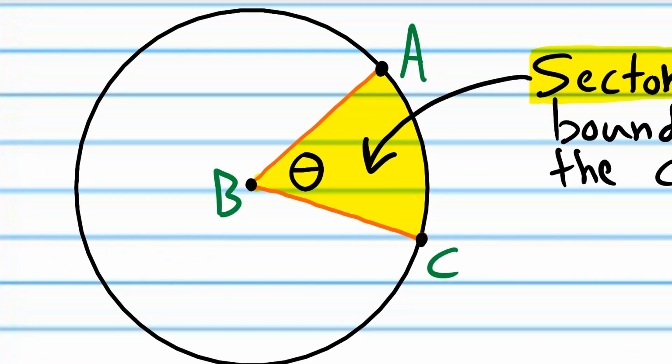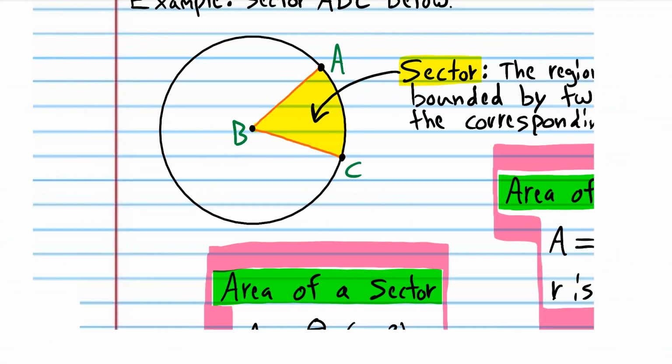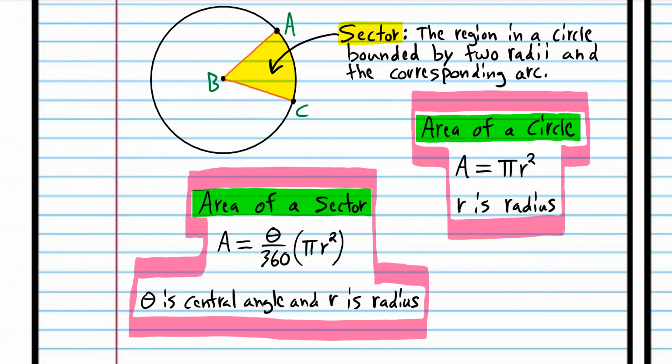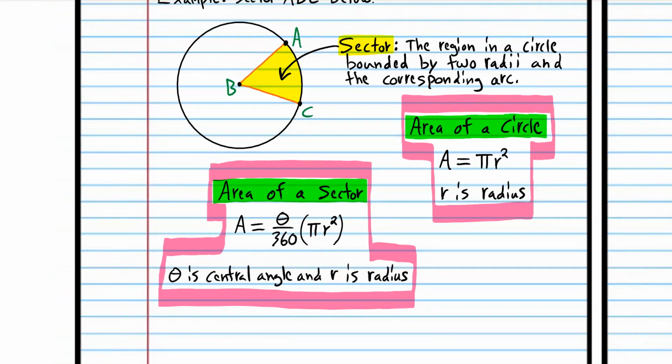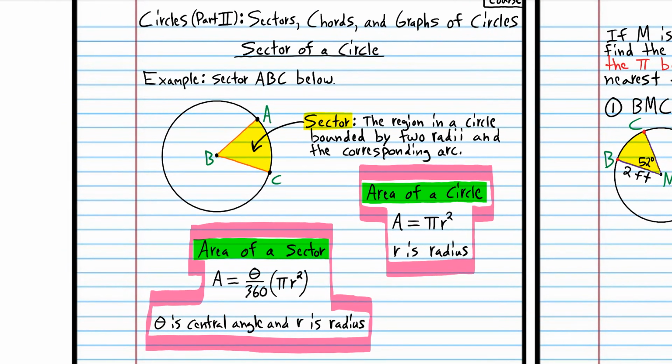So you take that central angle and divide it by 360, because that's the full rotation, and then you multiply it by the total area, and that gives you the area of this small fraction of the circle, which is a sector. So again, get screenshots of this, and you're going to need these for the next 8 problems.